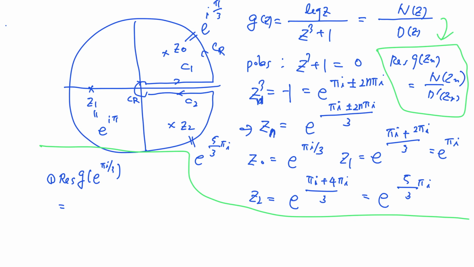So that is, you differentiate: 3 times exponential i pi over 3 squared, over log of exponential i pi over 3, which is i pi over 3.